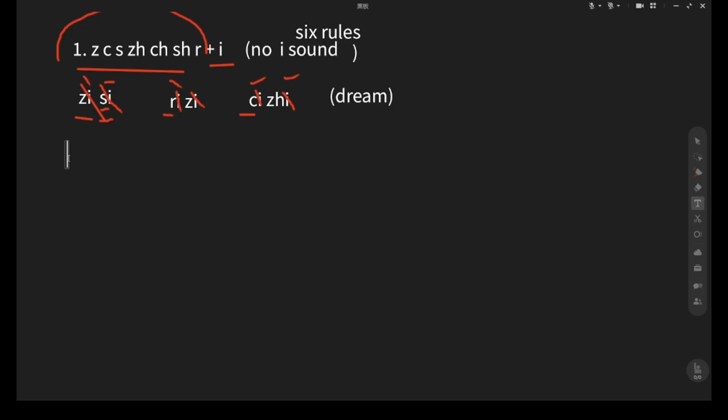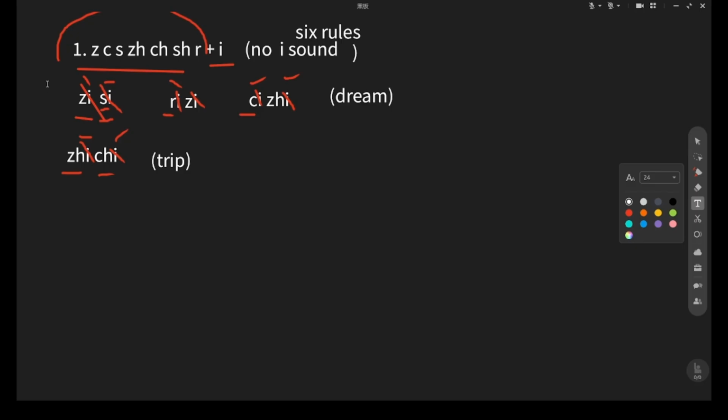One more example. Of course this consonant is in this group, so no e sound, just read the consonant. So zh, then ch. I mark a tone: second tone. So 支持, yes.